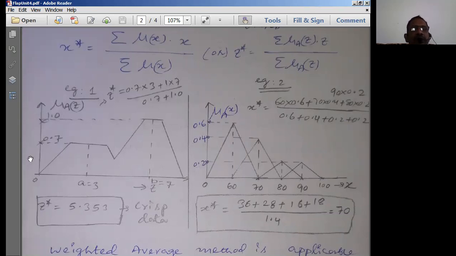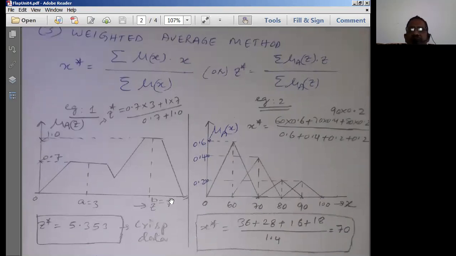This entire pictorial representation is called fuzzy data. From such fuzzy data, you have to find the crisp data. Crisp means the exact value, only a unique value without any ambiguity. So you should get the defuzzification result known as the crisp data. Okay, so the weighted average method.